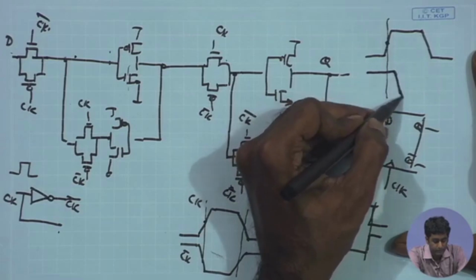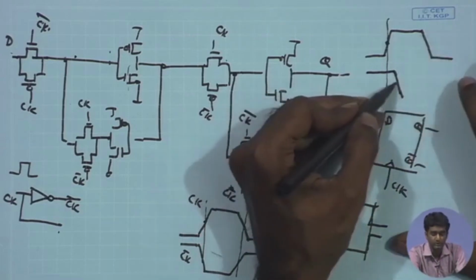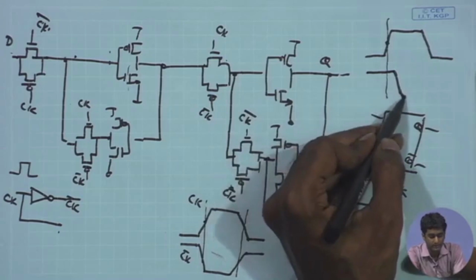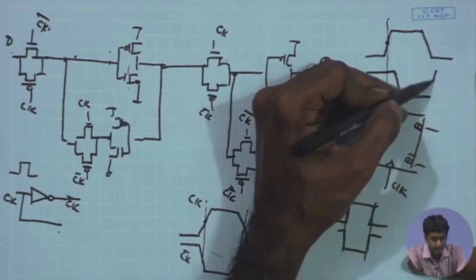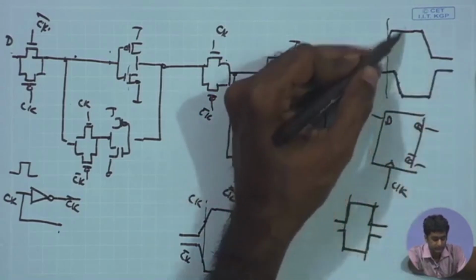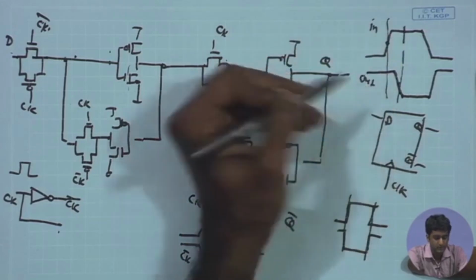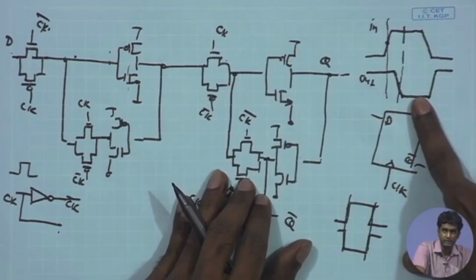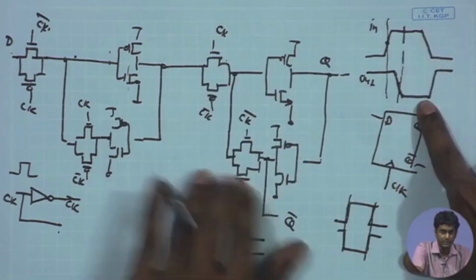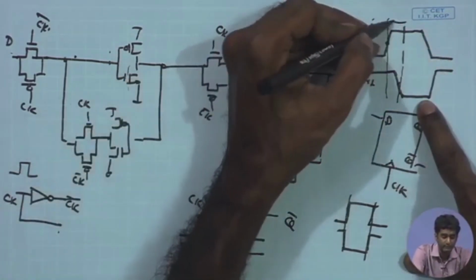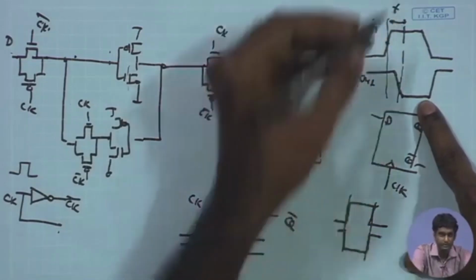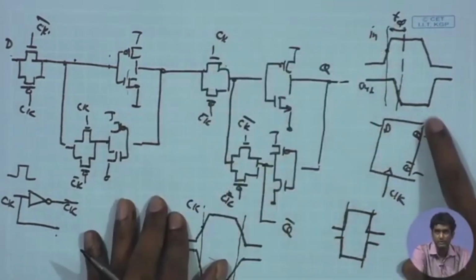So, the midpoint of the output transition can be slightly away from the input transition point. So, this is the input of the inverter, this is the output of the inverter. Of course, it is 180 degrees out of phase, inverted, but because of the finite delay of the inverter, you can have some propagation delay of the inverter. I can call it T delay of the inverter.